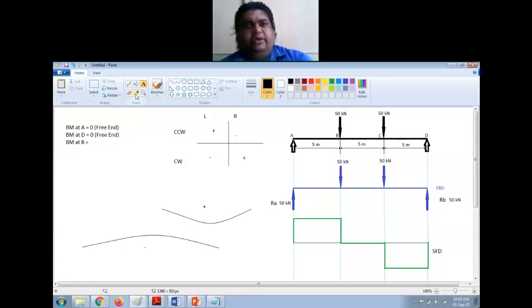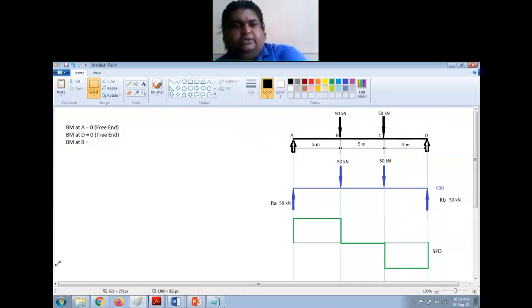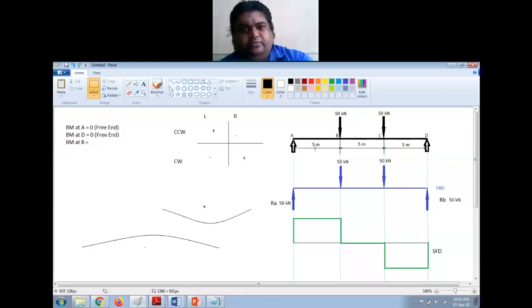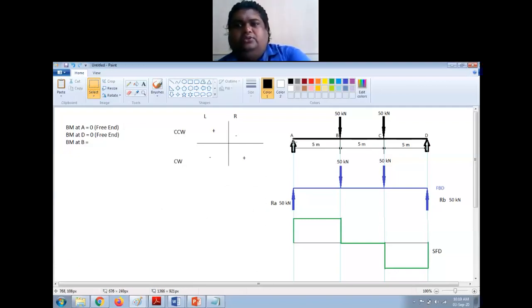Okay. Now I will show you how I do it. I'll just delete these things. So bending moment at B. Now I need to find the bending moment at this point. So I will take this force. Now this force is making this rotate in clockwise direction, and it is on the left side.